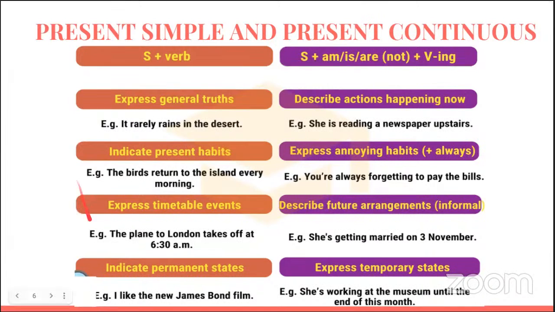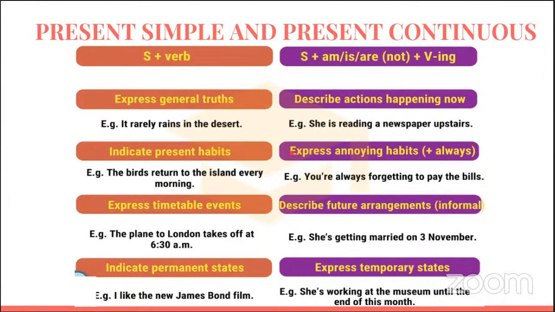And here also to express timetable events like, The plane to London takes off at 6:30 a.m. Correct. And here to indicate permanent states like, I like the new James Bond film. So those are some of the uses, right?